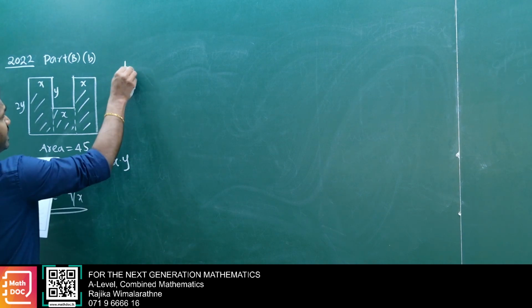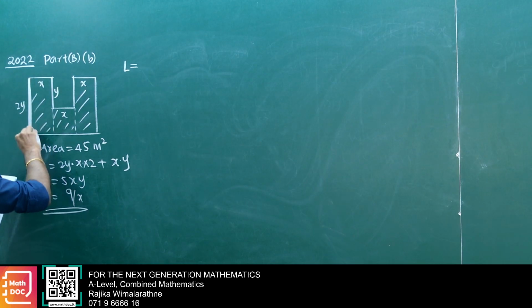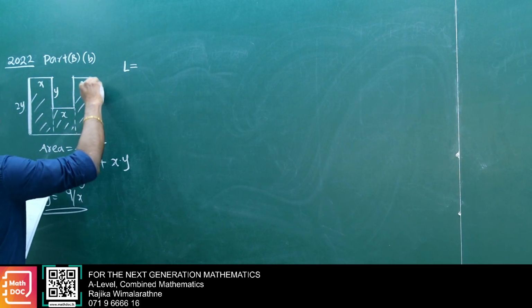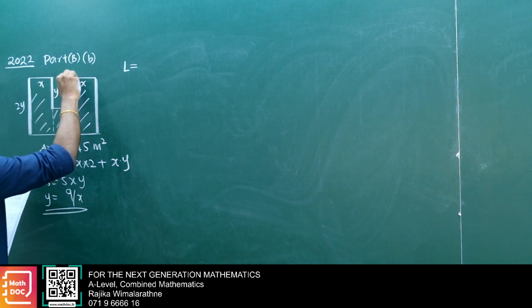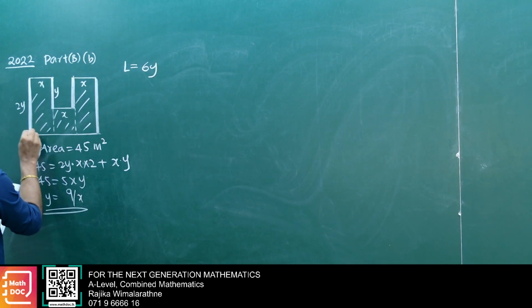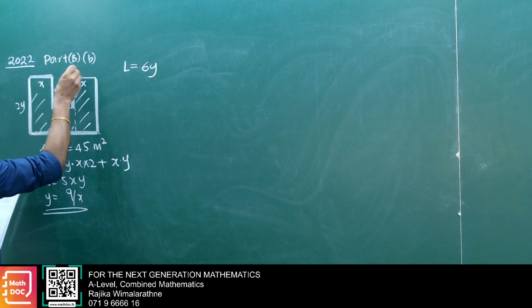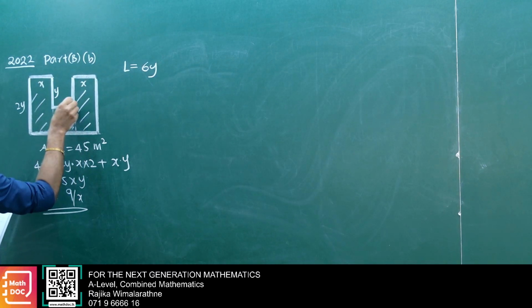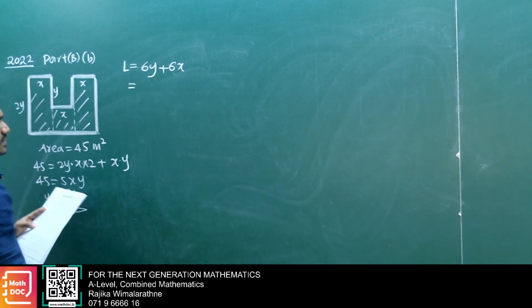Now the perimeter L. Here 2y, 4y, 5y, 6y, and here 3x, 4x, 5x, 6x. Here is the perimeter.